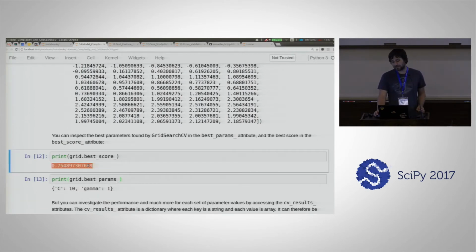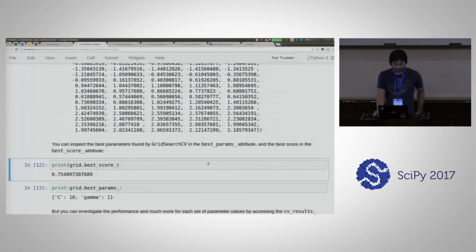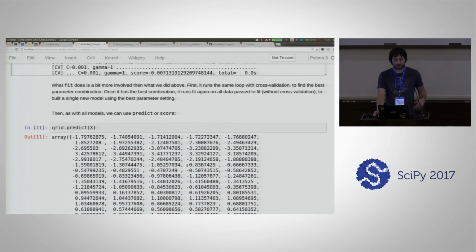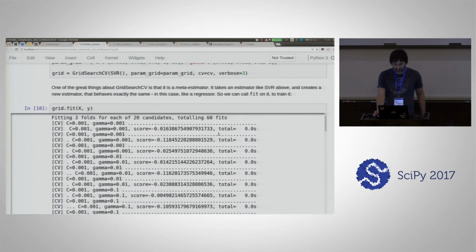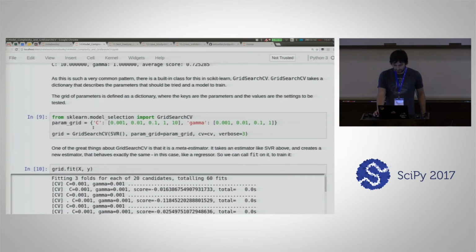So the thing is that you might be tempted to use the best cross-validation score and say, this is how well my model does. The problem is, this is too optimistic because we trained, I don't know how many combinations there are. What did it do? 1, 2, 3, 4, 5, 6, 7, 8, 9.